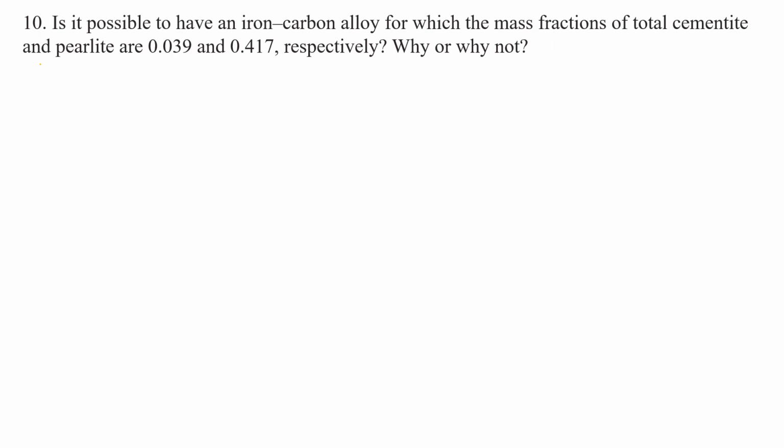So we can write it: cementite weight fraction is 0.039, and pearlite is 0.417. For solving this, we have to set up a lever rule expression for both of these masses, and then you have to just solve it. If you see C0 values coming out the same for both, then this alloy is possible.